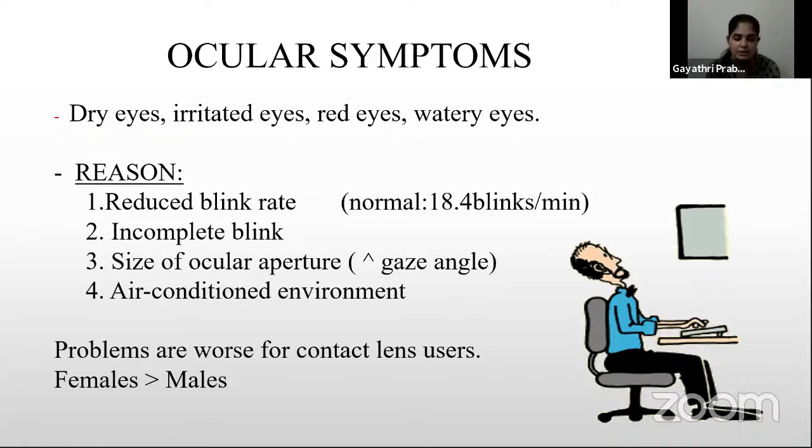Now, because of the reduced blink rate and the incomplete blink rate, the problem is worse for people who are contact lens users. So they'll complain of more severe problems. The second is that females complain of dry eye problems more as opposed to males. This could be because of physiological changes, and that is the reason why females complain more.